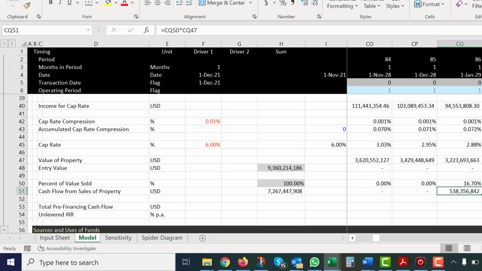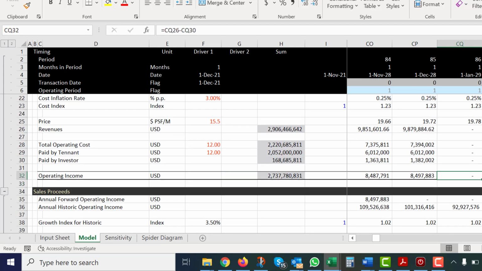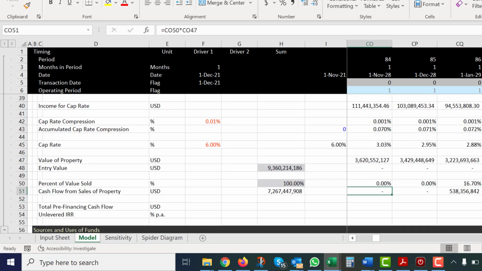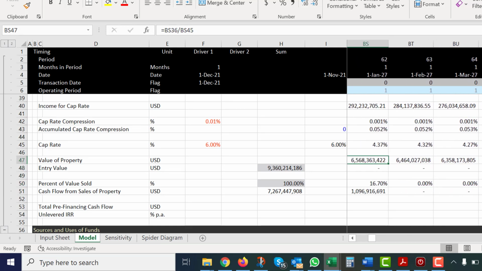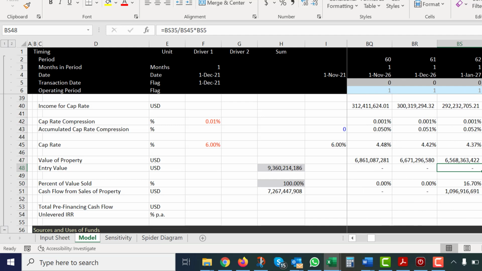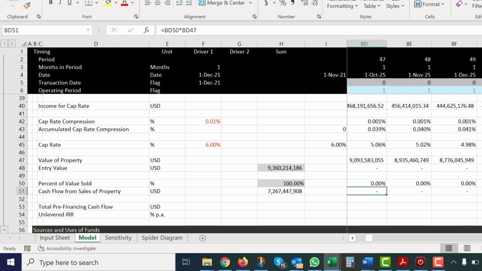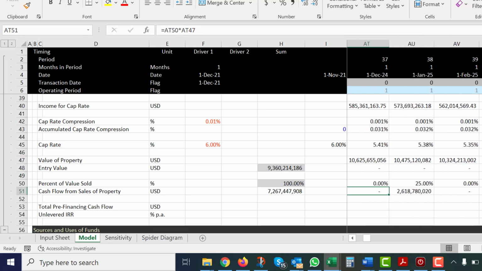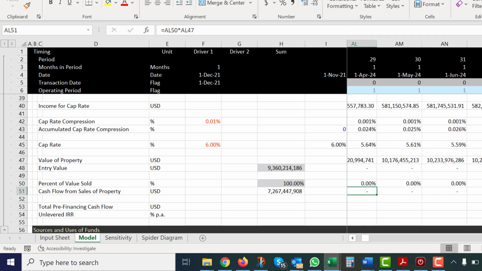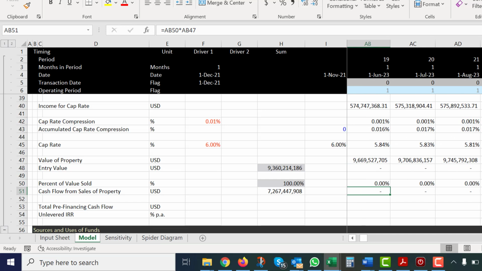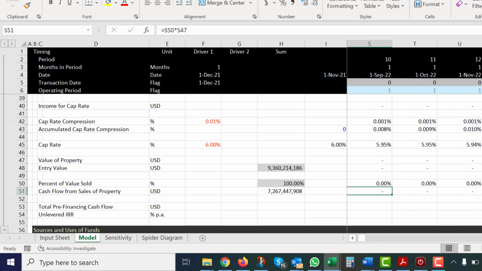Here was our last sale, and our last sale just occurred before the income. We can look at the value of our property. Now that is going down because we have less square foot, and I believe we can look at all of our values.